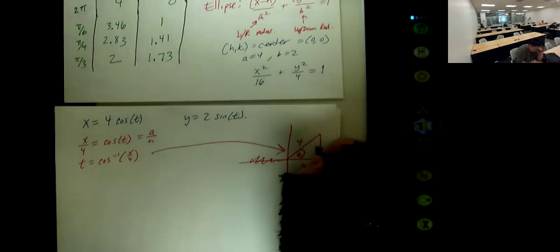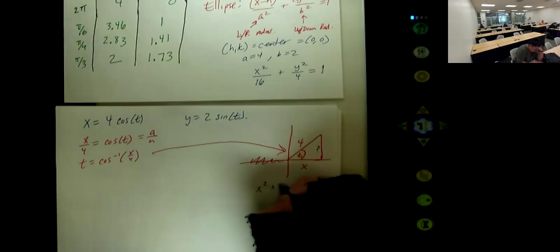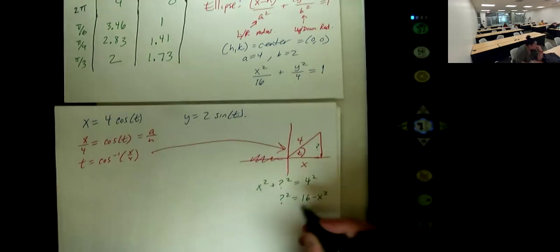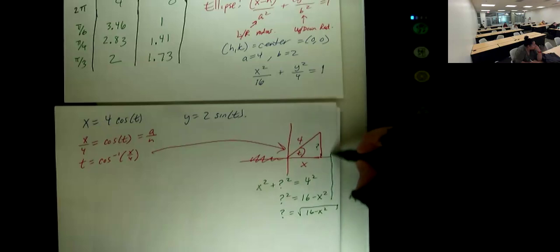Call that question mark right here and figure out what that's got to be. x squared plus question mark squared equals 4 squared. So question mark squared equals 16 minus x squared, and question mark is the square root of 16 minus x squared. So that'll be this side right here.